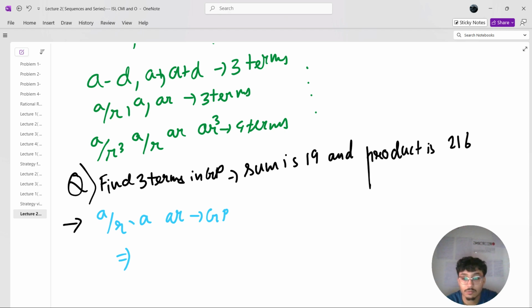If I do the product of all these three terms, that will be a cube is 216. Then my a is basically 6.